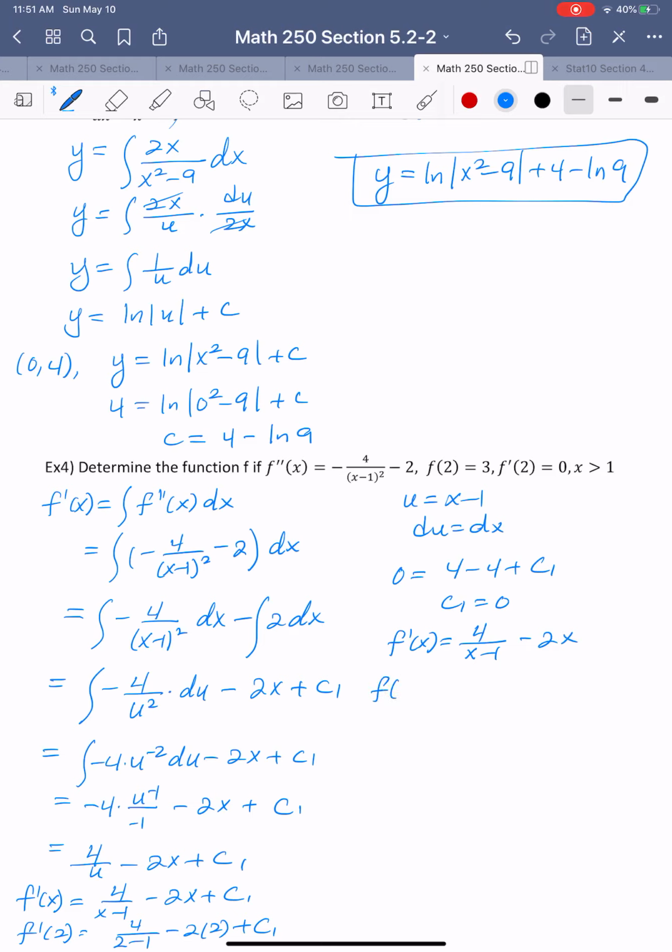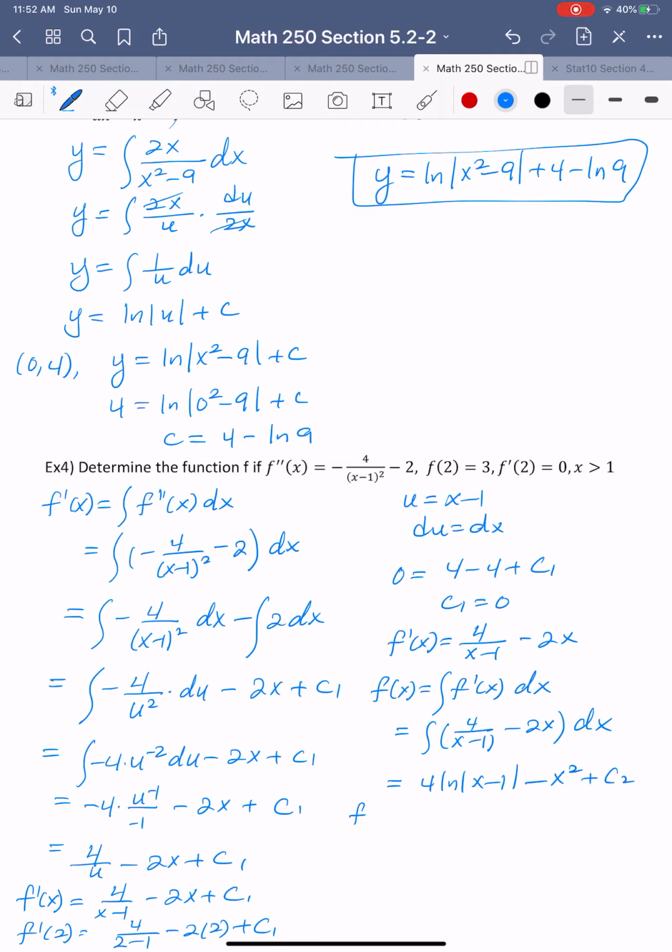Now, in order to find f of x, we put f prime of x and dx. You plug it in as f prime of x was 4 over x minus 1 minus 2x and dx, and then same thing as you have the integration. And then I get 4 ln of x minus 1 minus x squared plus c2.